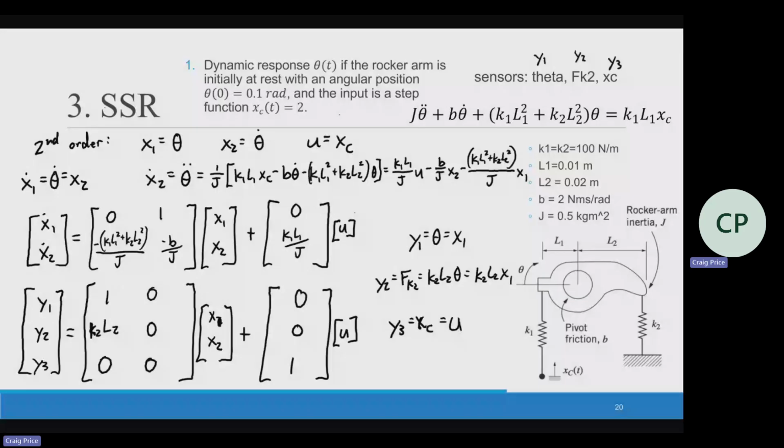But work on that problem. We've done quite a few examples in class, so try to feel comfortable. I know a lot of people get hung up on how to put this second part together. It's all based on what the problem's asking. You just have to put it in terms of the same state variables you've been working with. It has the same vectors. You just have to figure out how to set up the C and the D matrix using those vectors.